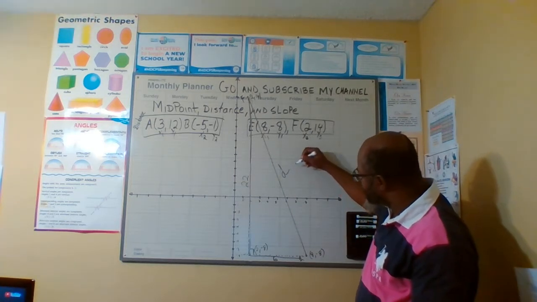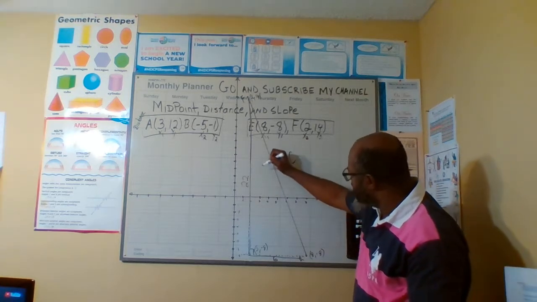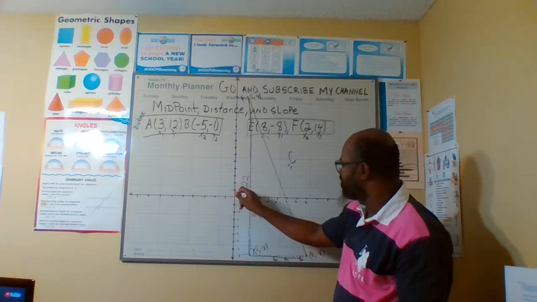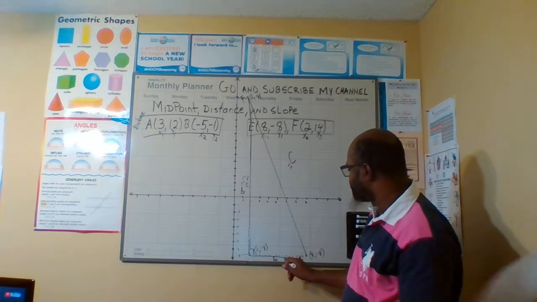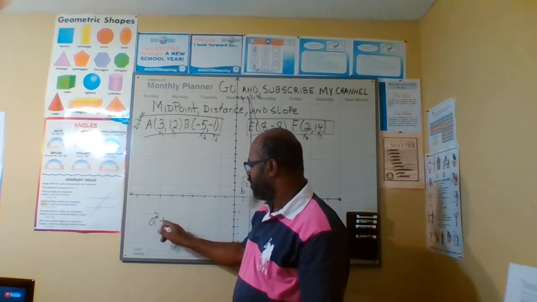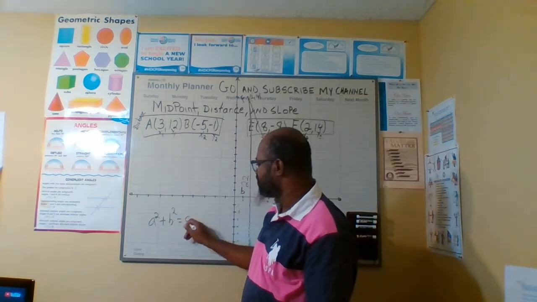So you guys used to hear this is C. It doesn't matter which one is A, which one is B. The Pythagorean theorem is A squared plus B squared is equal to C squared.